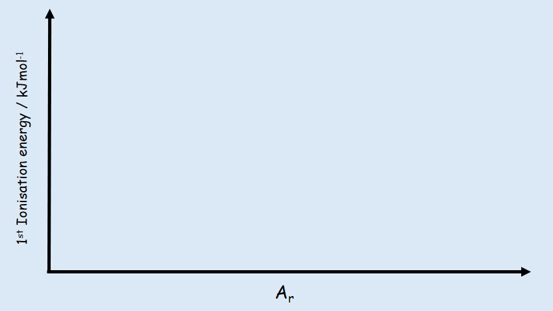Okay, let's have a look then at the trend in first ionisation energy across period 3. Now we've definitely done this in an earlier topic when we looked at ionisation energies in physical chemistry. So this should just be revision. You should be fairly comfortable with this. So we've got sodium, magnesium, aluminium, silicon, phosphorus, sulfur, chlorine, argon.